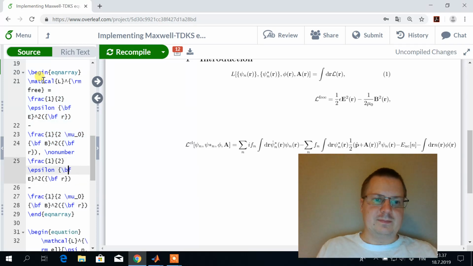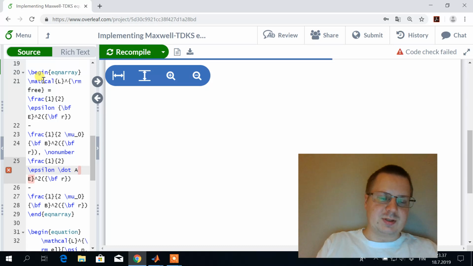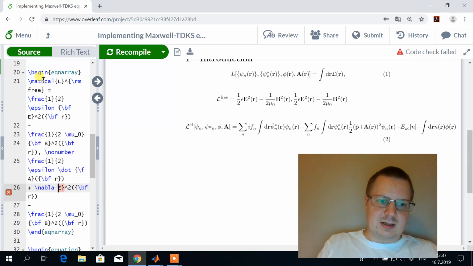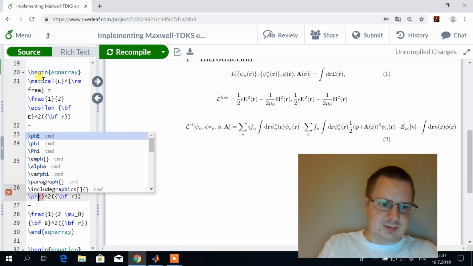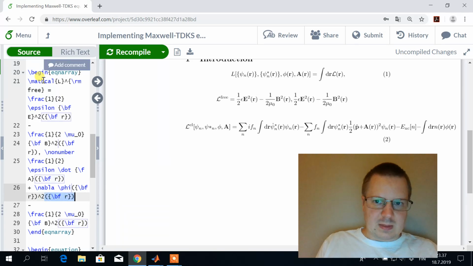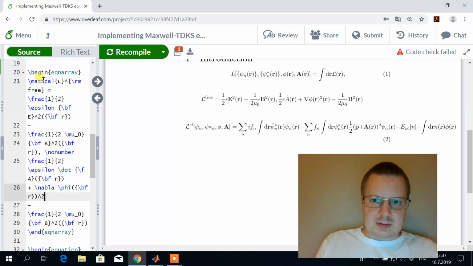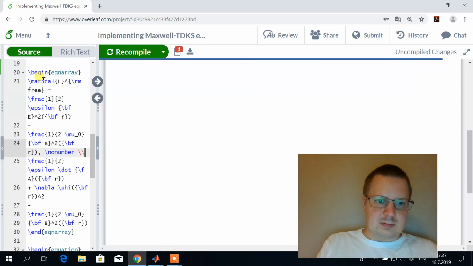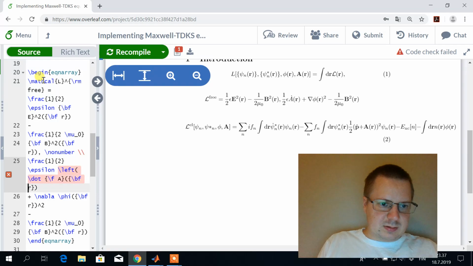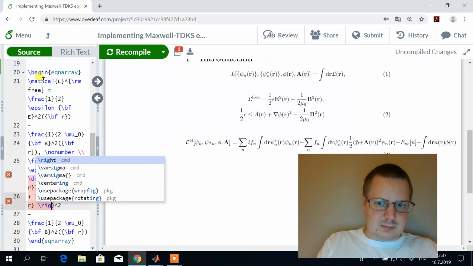So E is the time derivative of the vector potential, plus a gradient of the scalar potential, and that will be squared, like so.